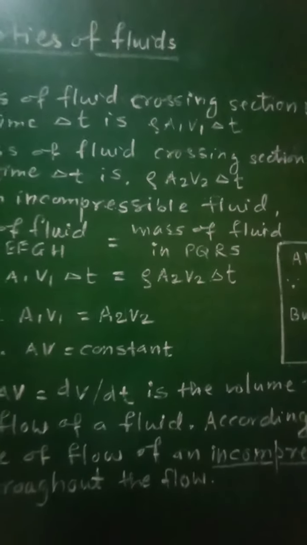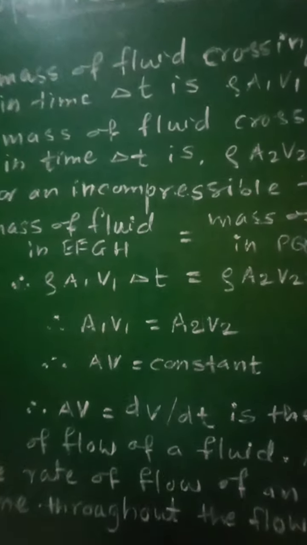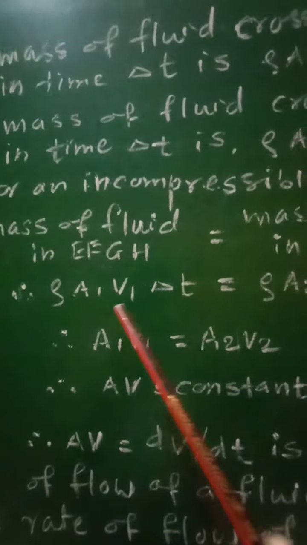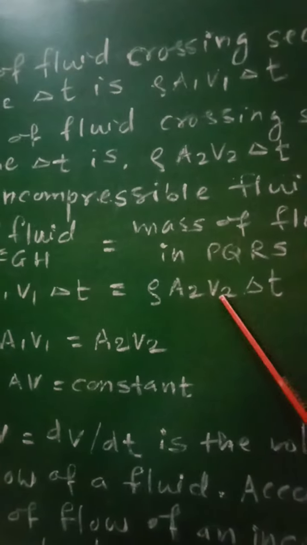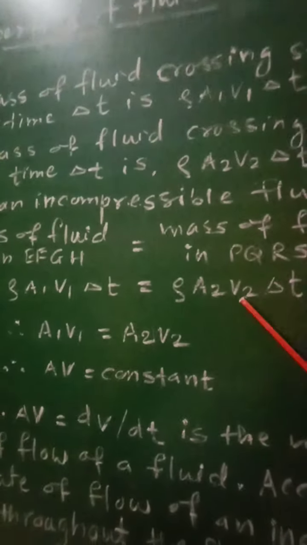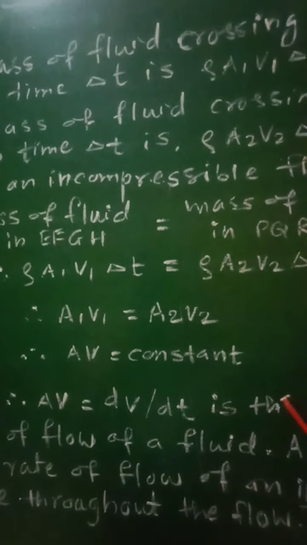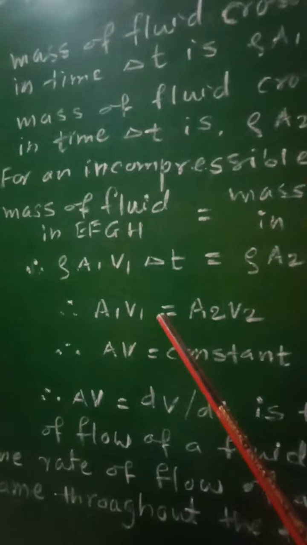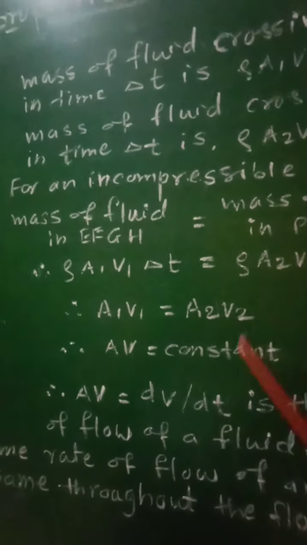These two masses will be the same, and therefore these masses are given as rho A1 v1 delta t equal to rho A2 v2 delta t. On both sides rho will get cancelled. Similarly delta t will get cancelled, and therefore we will get A1 v1 equal to A2 v2.